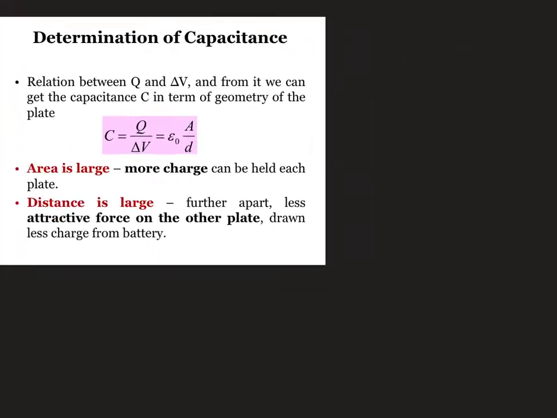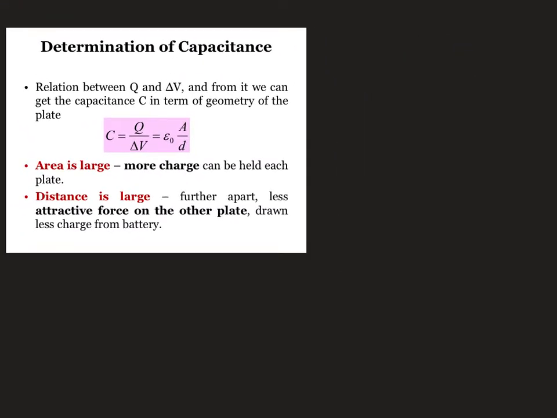So let's talk about the formula for capacitance. You have two conductor plates, and the distance between them should be less than the dimension and the width of the plate.